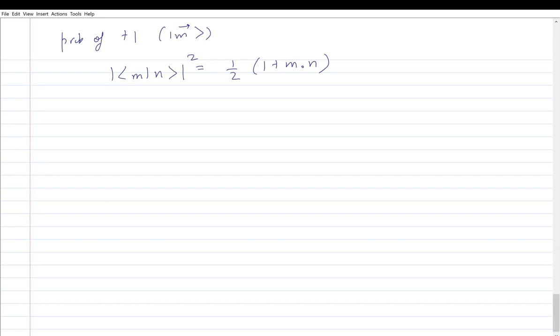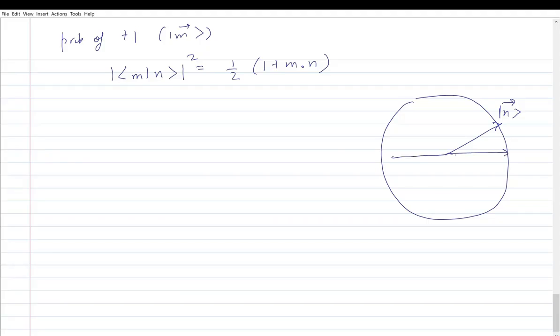So I have a state on the Bloch sphere in the n direction, and I am making a measurement on this projector.